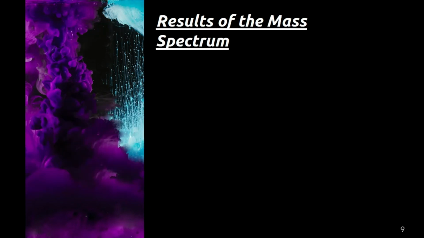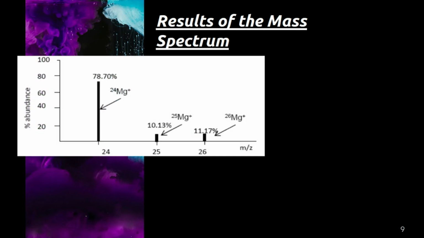When we come across results of the mass spectrum, what we do is we calculate the relative atomic mass of magnesium. We take the abundance and multiply it by the mass to charge ratio, and we do that for the other signals as well.